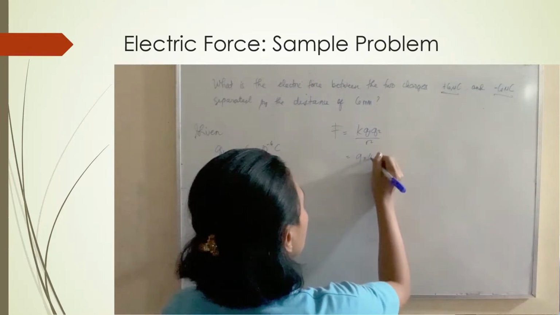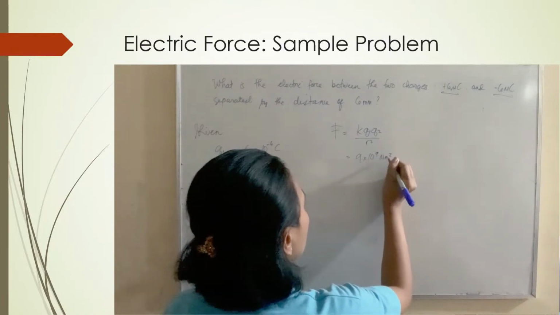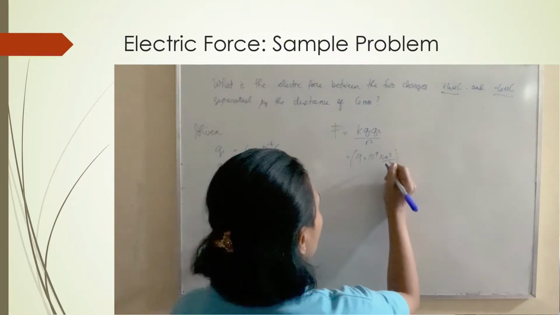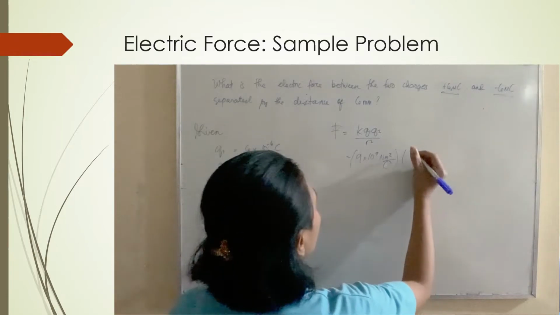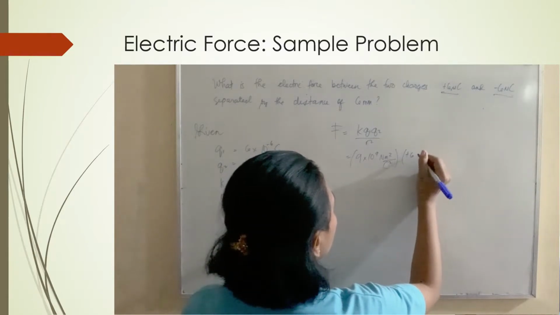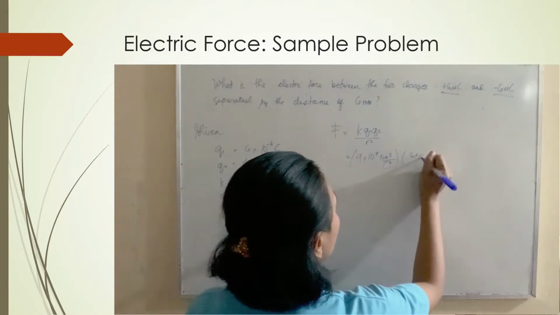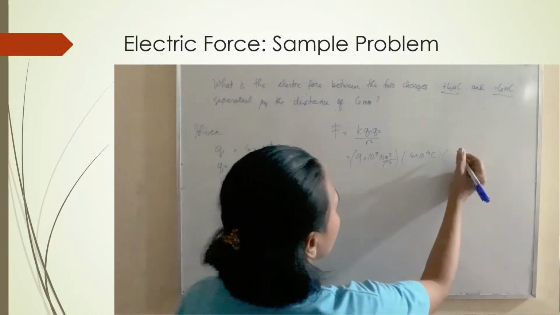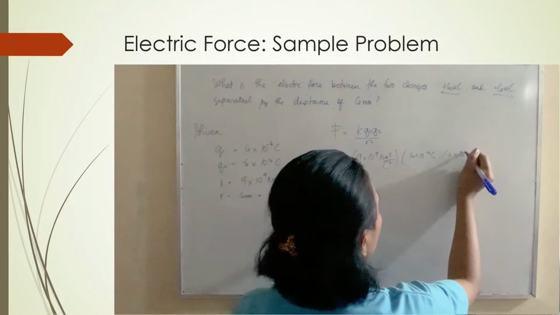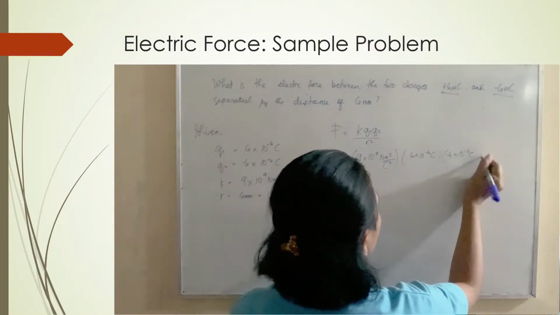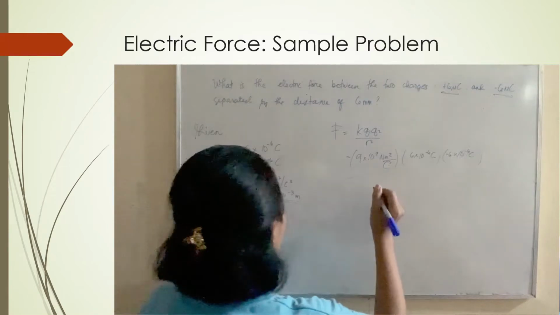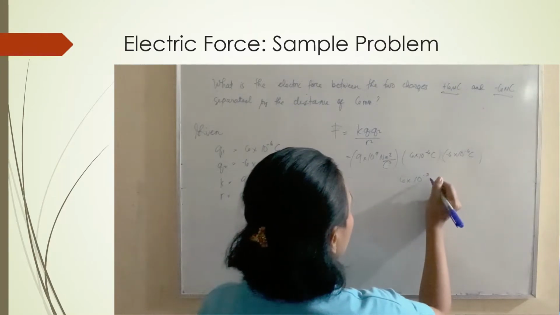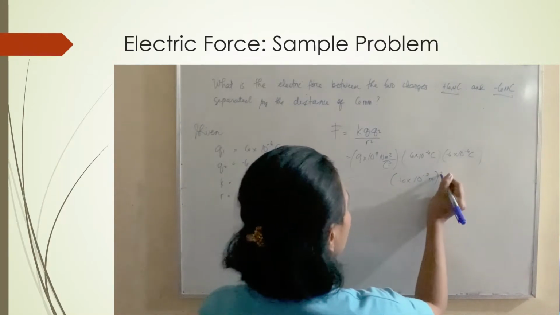Then 9 times 10 raised to 9 Newton meter square per coulomb square, capital C. Q1 is positive 6 times 10 raised to negative 6 coulomb, and Q2 is negative 6 times 10 to the negative 6, over R square, 6 times 10 to the negative 3 meter square.